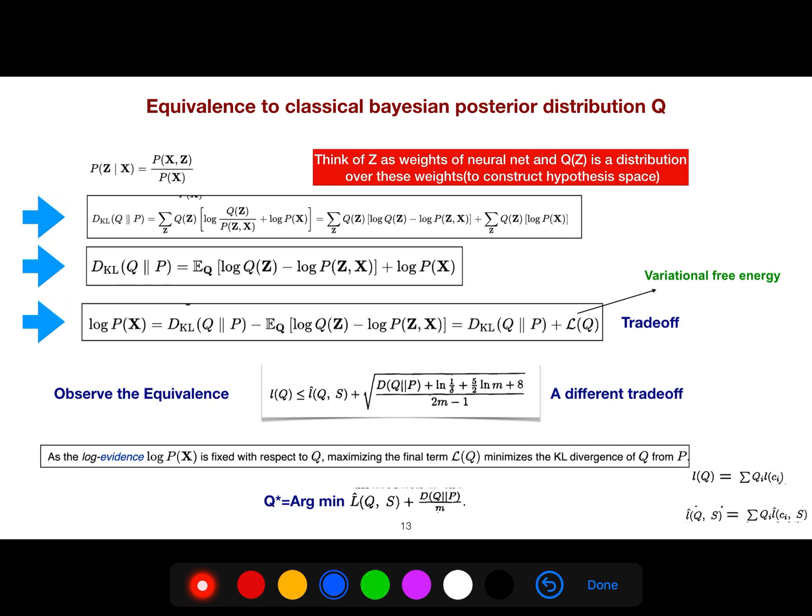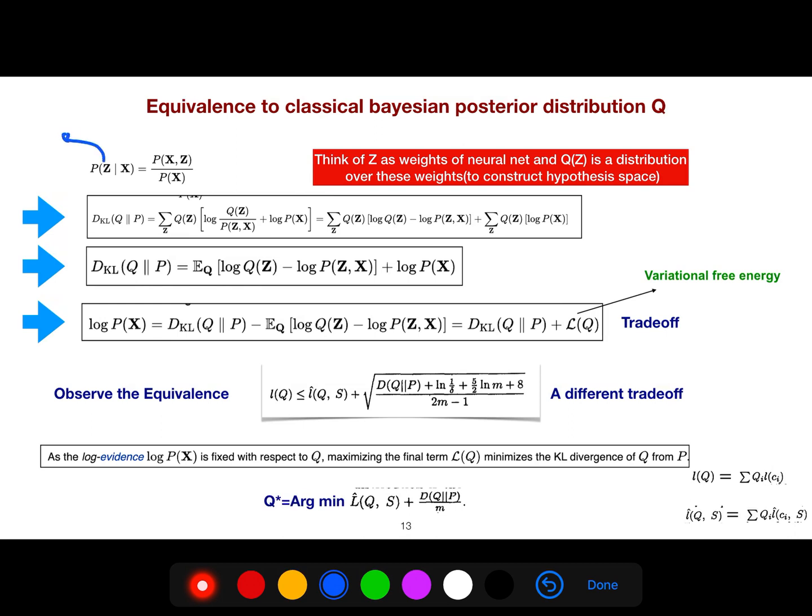Here is a slide that I provided to show that all of this is, of course very hard to show, but somehow equivalent to what we do in classical Bayesian posterior distributions.